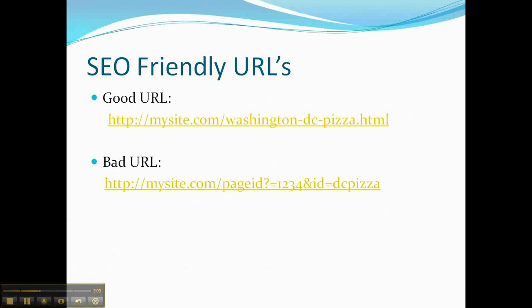These are commonly generated by script-driven sites. You'll see that a lot with e-commerce sites, and it's just not optimal. First of all, you don't have the opportunity to use your URLs to reinforce your keywords like you do with the first example.